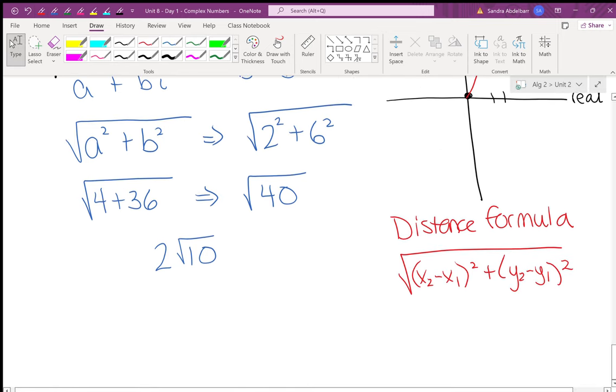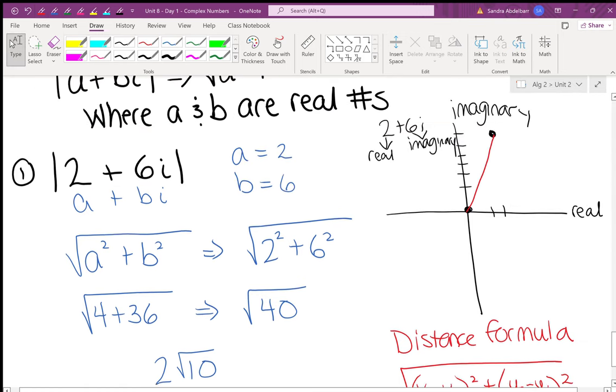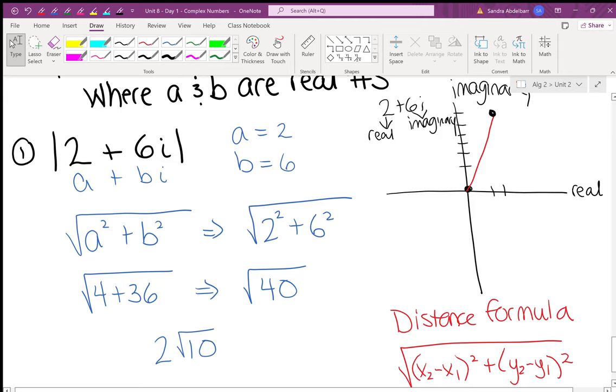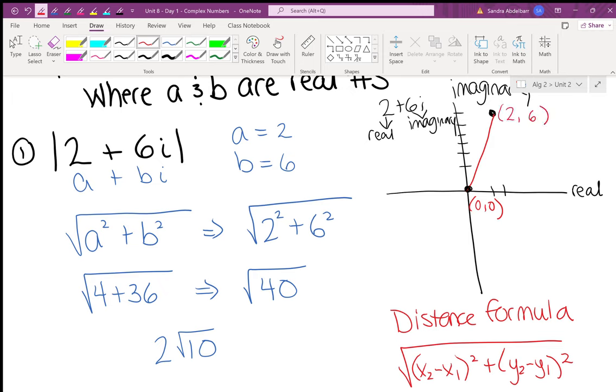Okay. So now we're really not doing x's and y's, we're doing real and imaginary, right? So this is 0, 0, my real is 0, my imaginary is 0, right? And then this point is 2, 6, my 2 is real, my 6 is imaginary.